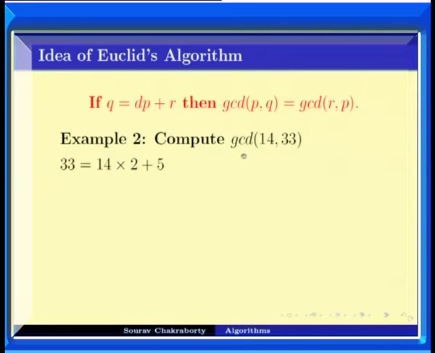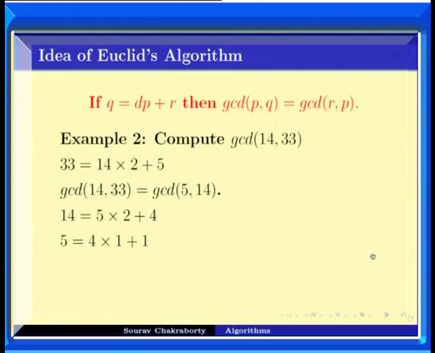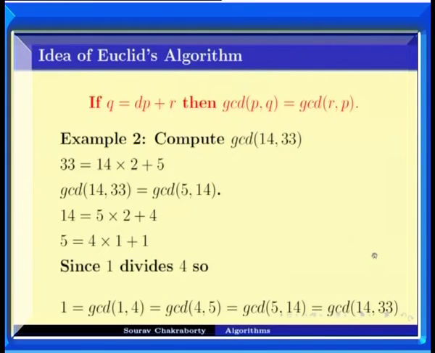Say we want to calculate the GCD of 14 and 33. Again 33 can be written as 14 into 2 plus 5. Therefore GCD of 14 and 33 is equal to GCD of 5 and 14, and 14 can be written as 5 into 2 plus 4, and 5 can be written as 4 into 1 plus 1, and since 1 divides 4, 1 is the GCD of 1 and 4, which is the GCD of 4 and 5.